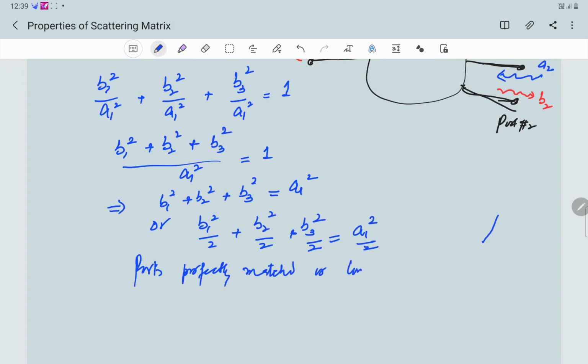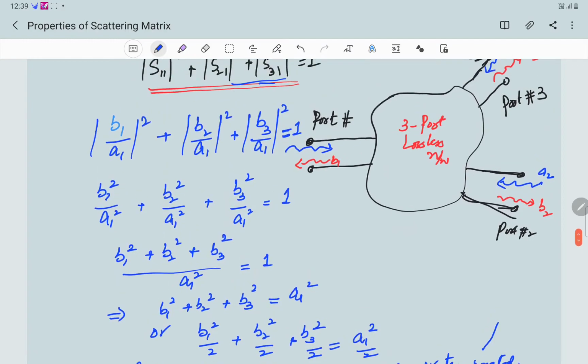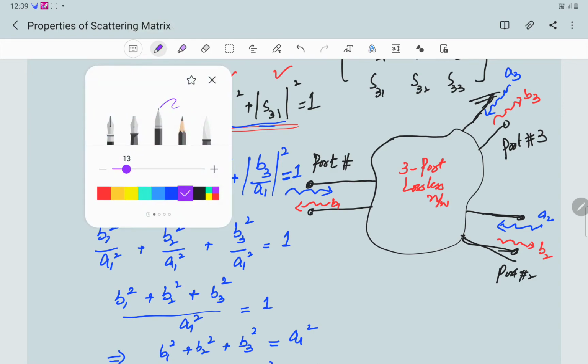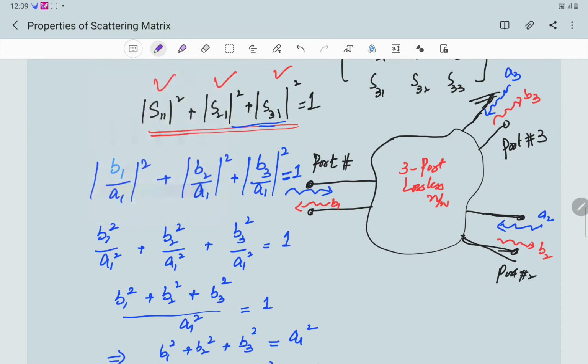Now assuming that all the ports are perfectly matched, or connected or terminated at matched loads. So if I assume all the ports are terminated at matched loads, all that means is that I'm connecting this by a load, say for example ZL3.